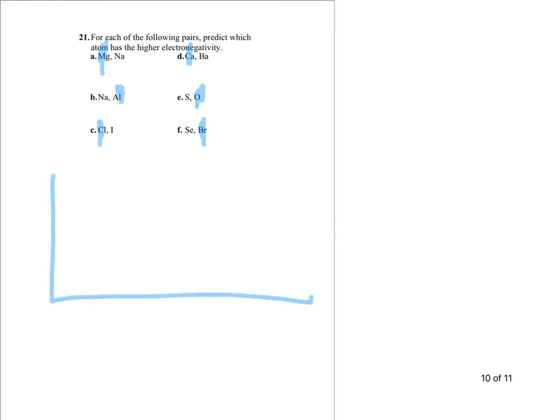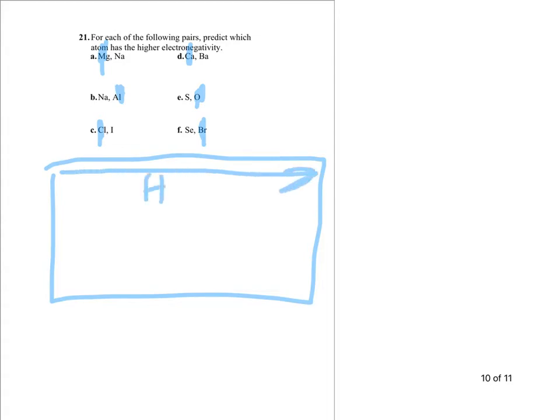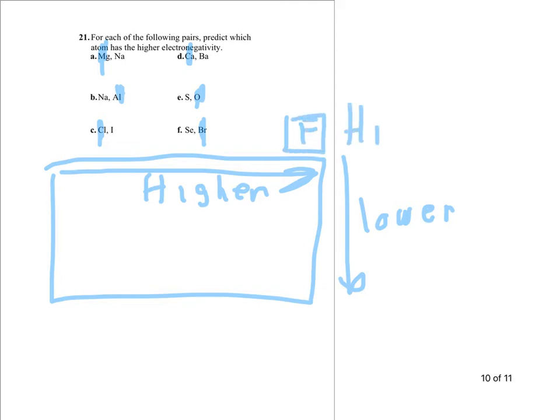Our electronegativity trend gets higher this way, and it gets lower this way. This is, again, just a trend. Another thing you'll want to remember, fluorine up in this corner has the highest electronegativity, and it gets lower as you move away from it.